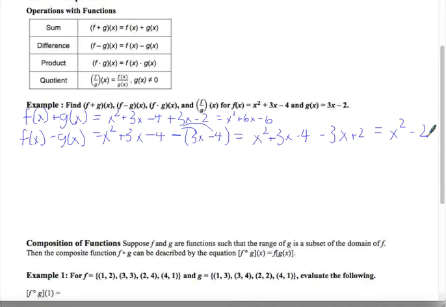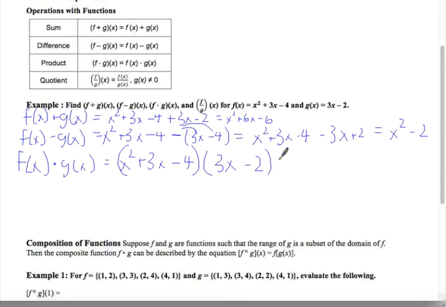f times g of x is f of x times g of x, which would be x squared plus 3x minus 4 times 3x minus 2. And we have to multiply these with the distributive property.